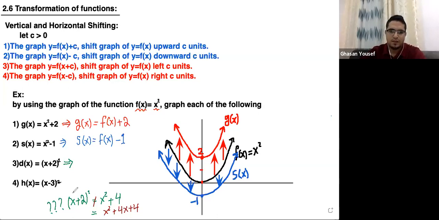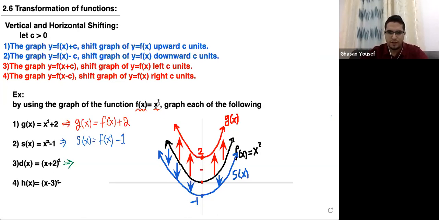Okay. How we complete the square is not important here. We have to use the rules from 1, 2, 3, 4. To use the rules from 1 to 4, we are not going to expand this. Here we have to change the function to make it one of the rules from 1 to 4, and then we have to graph it.